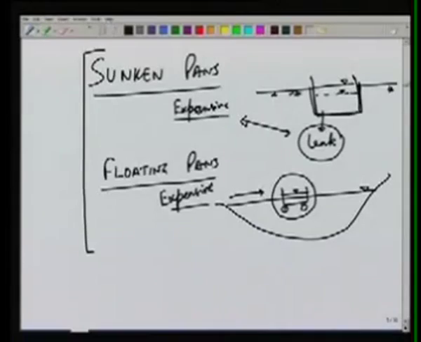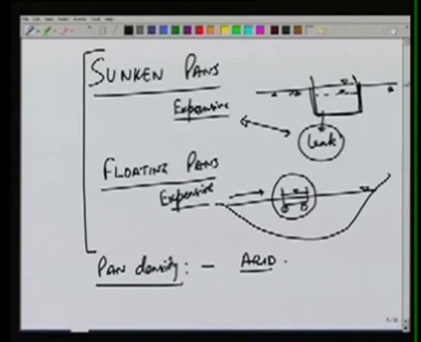Suppose the evaporation pan is not available, there is a requirement of density. So pan density is suggested by World Meteorological Organization. For arid areas where we expect high evaporation, we should have one evaporation pan in an area of about 30,000 square kilometers.